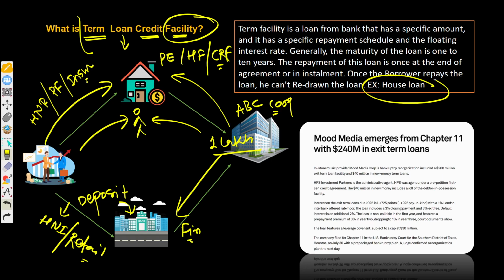And once you have received funding, you can make an interest payment on only the utilized amount. For example, let's say you have 1 lakh rupees approved, but you have approached the bank for only 50,000. It means you pay interest on only 50,000, not 1 lakh, because 1 lakh is just a commitment.